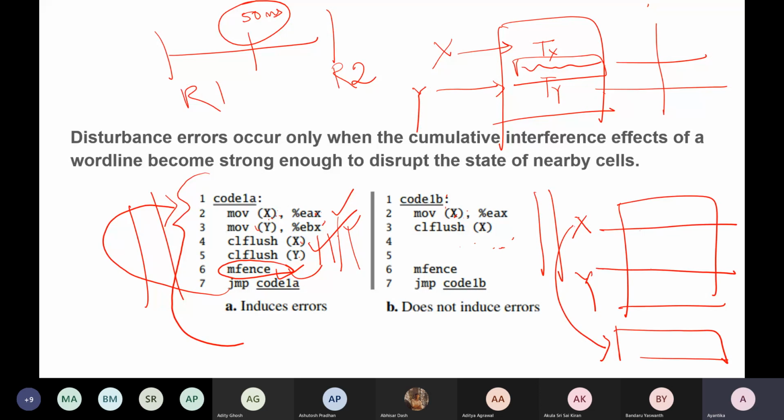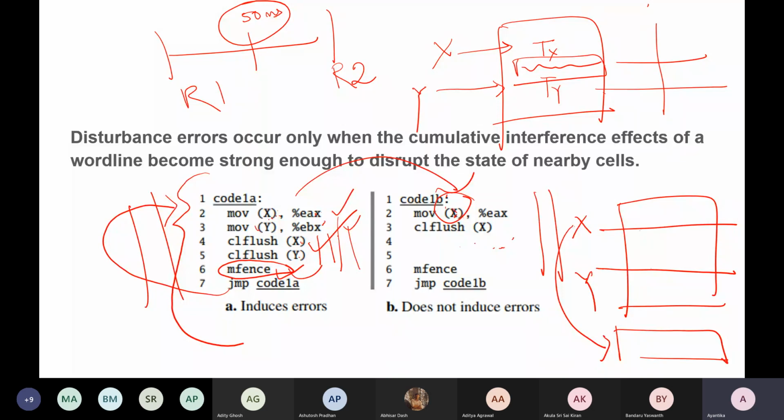When you have read the value from this X, there is a change in the word line value. Initially high, then it got disconnected, so it's set to low, so there is a toggle. Okay, why is there a toggle? There is no requirement of a toggle here in code B, because you are fetching the data from the same word line.